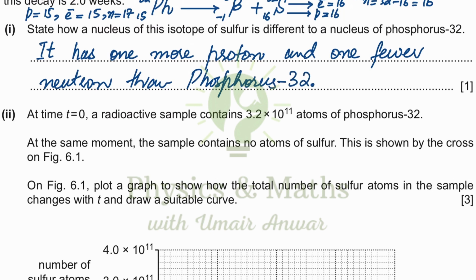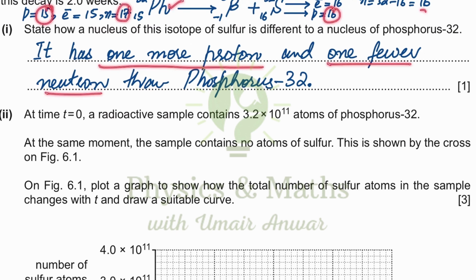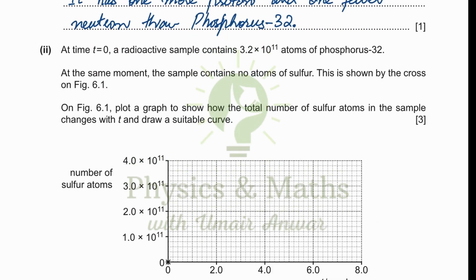So one more proton means the protons have increased from 15 to 16, and one fewer neutron means originally the neutrons were 17 in phosphorus, now they have become 16.